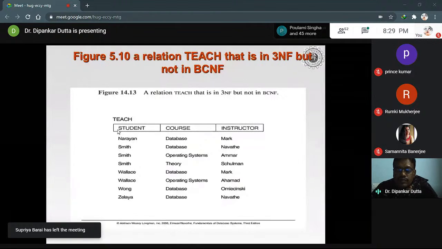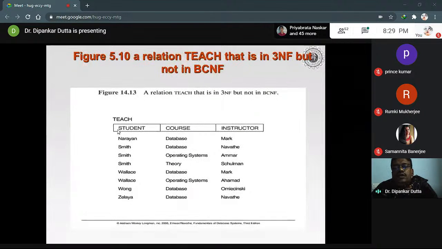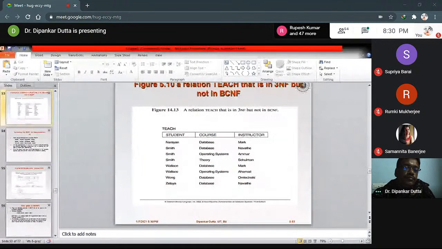That is, how will you understand that the relation is in 3NF? That example I gave at the very beginning. Anybody?